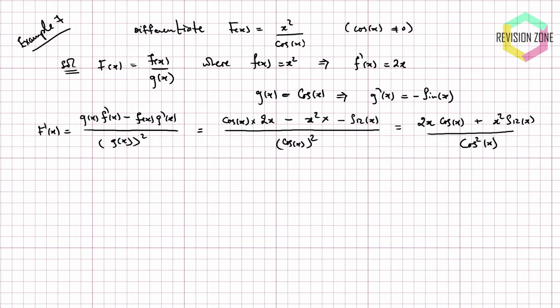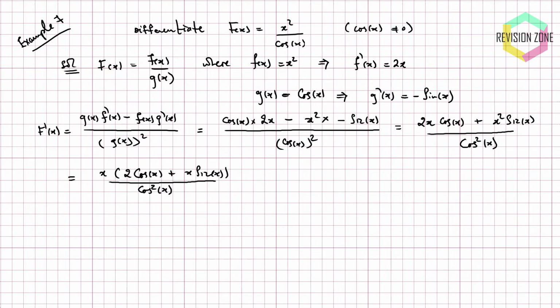And yeah, we can tidy this up a little bit perhaps by factorizing out an x. So we can do this, and then we can say it's going to be x times 2 cos x plus x sine x, and the whole thing is going to be over cos squared x. But other than that, there is not really much else we can say.